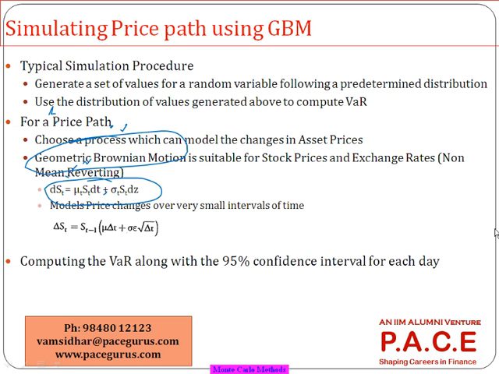If you see any entity that follows such a pattern, generally slightly going up or slightly going down in the long run, but within that some kind of randomness is there, for all those kinds of entities we can think of using a geometric Brownian motion for modeling them.